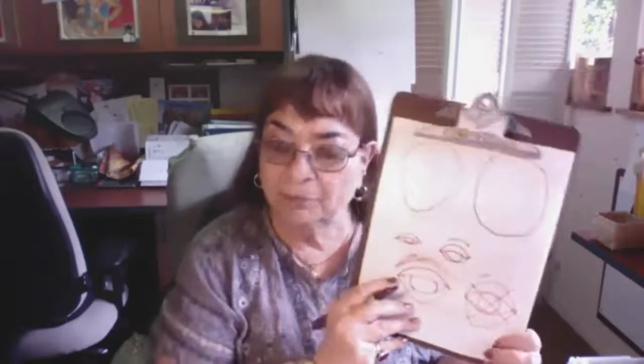And some of us have really thin eyebrows. So look in your mirror and see what your eyebrows really look like. And then you want to draw them in just above that, on that ridge above the eye. So now it looks something like that.